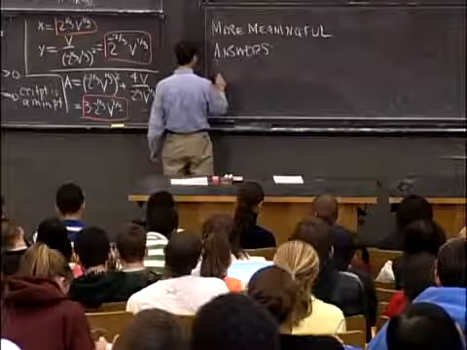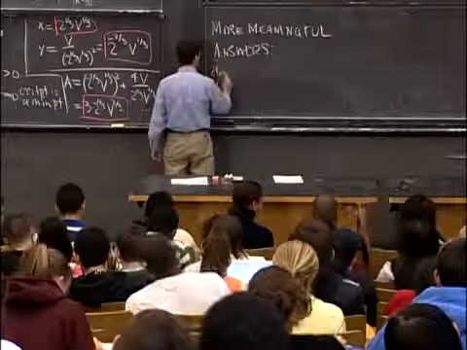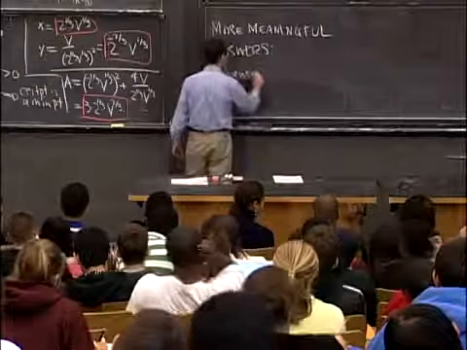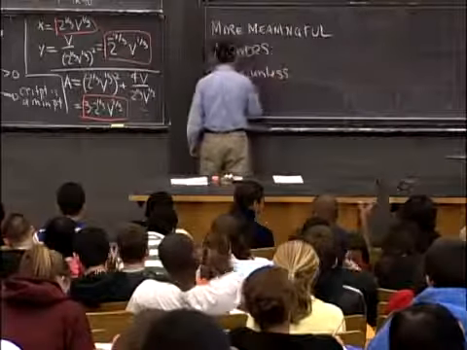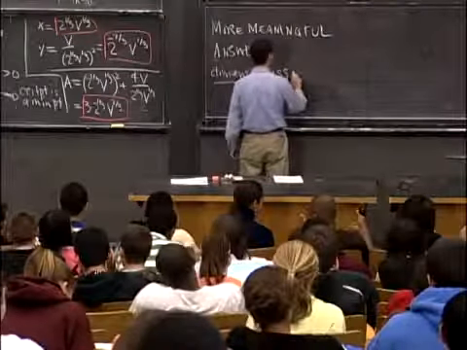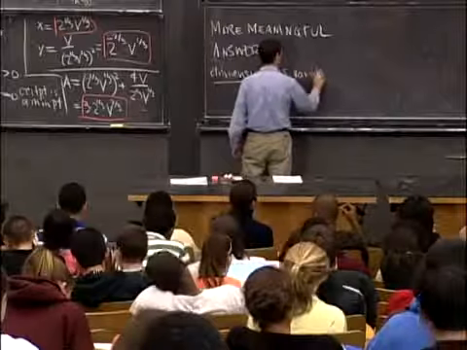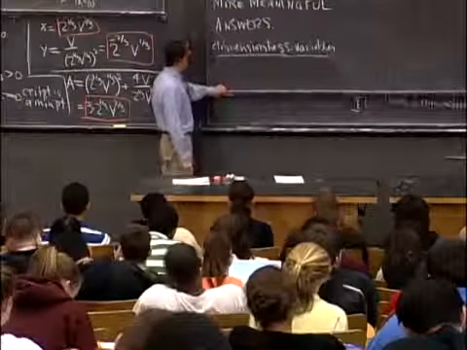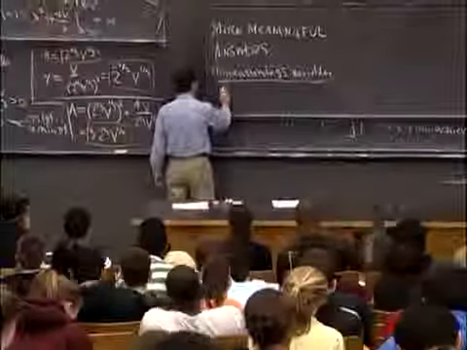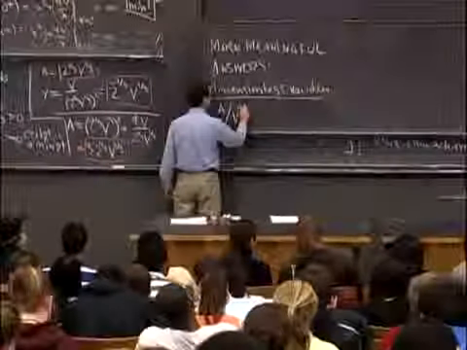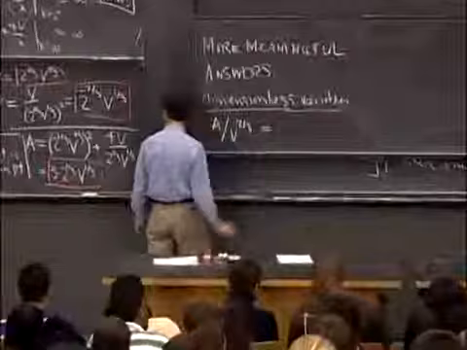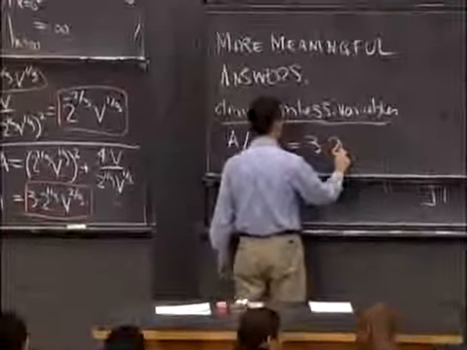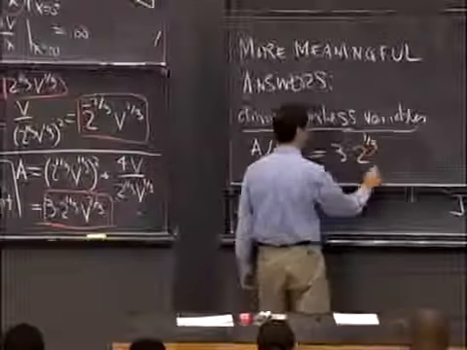Simply, they're what are known as dimensionless variables. So the first thing that you notice is the scaling law, that a divided by v to the 2/3 is the thing that's a dimensionless quantity. That happens to be 3 times 2 to the 1/3.